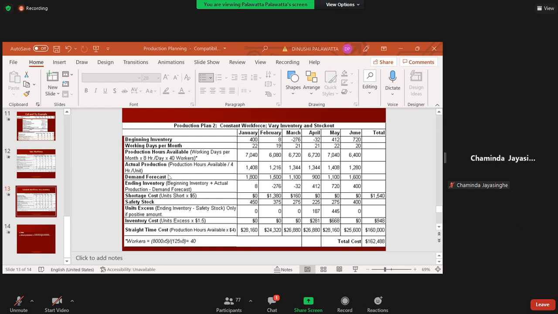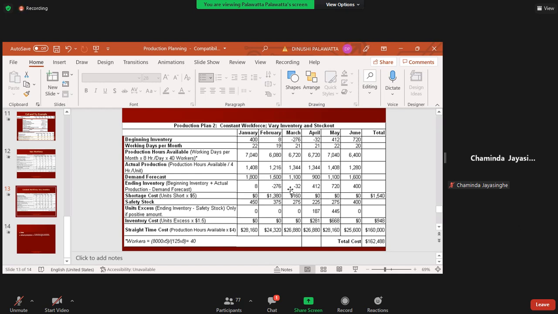And then the ending inventory is beginning inventory 8 plus actual production 1,216 minus demand forecast. So you get minus 276. And this minus 276 is shortage.